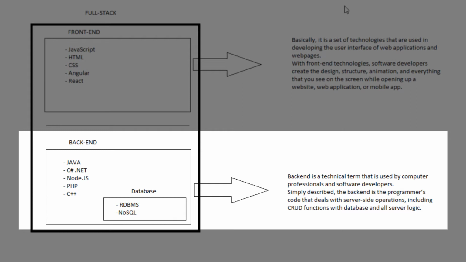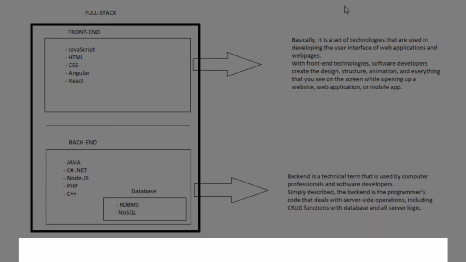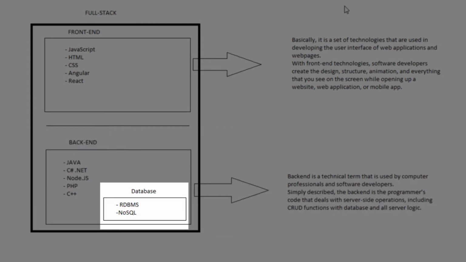You can also do the front-end implementation on the backend side, but I don't want to confuse you now. Basically, the user interface is rendered on the server side, and then it's pushed to the front end so that the user sees it. But anyway, in the backend, you do the server side logic. There are also databases on the backend side.